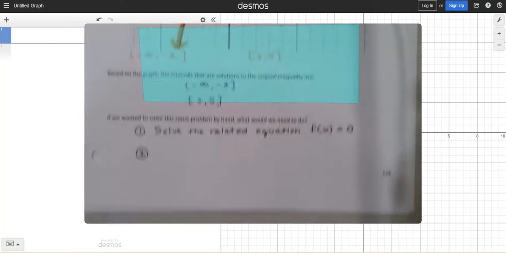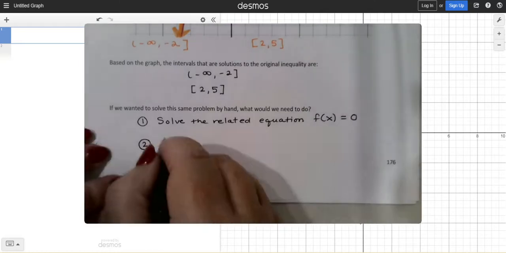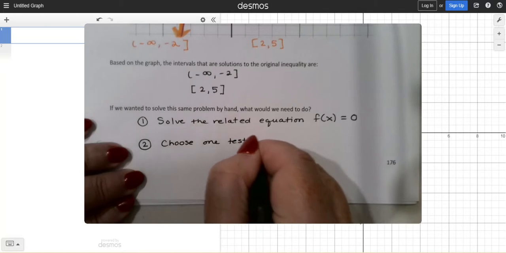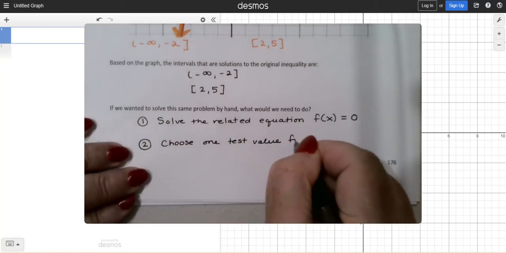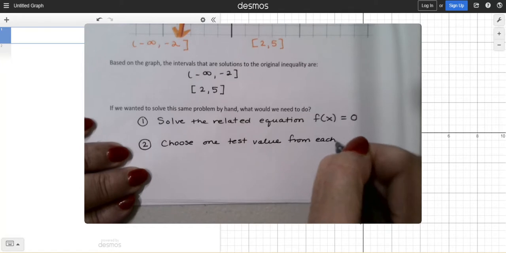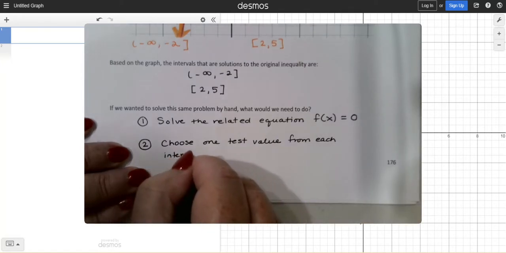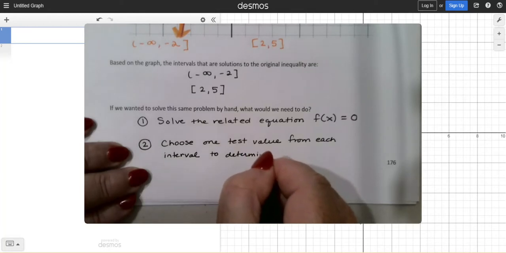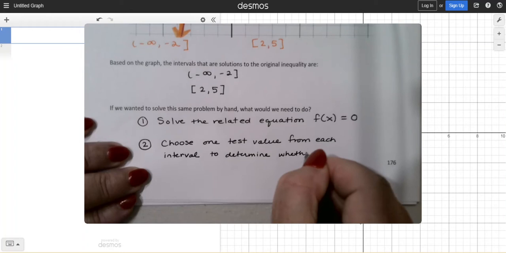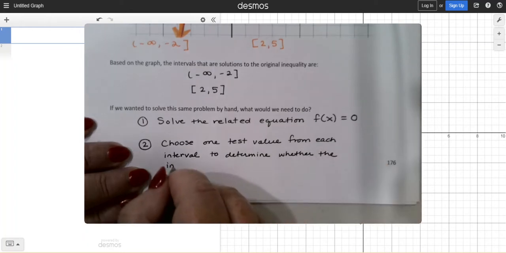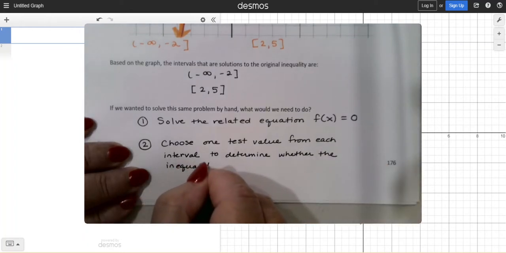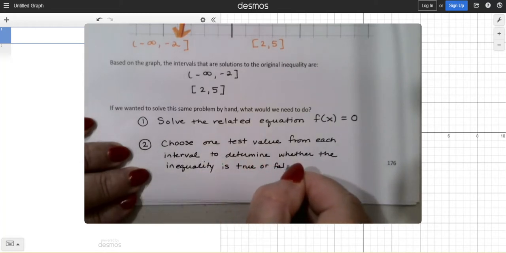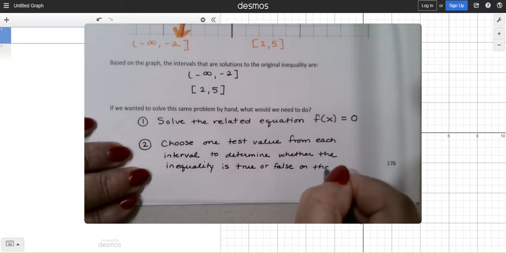If I don't have a wonderful graph to work with, what I'll do second is I'll choose one test value from each interval to determine whether the inequality is true or false on that interval.